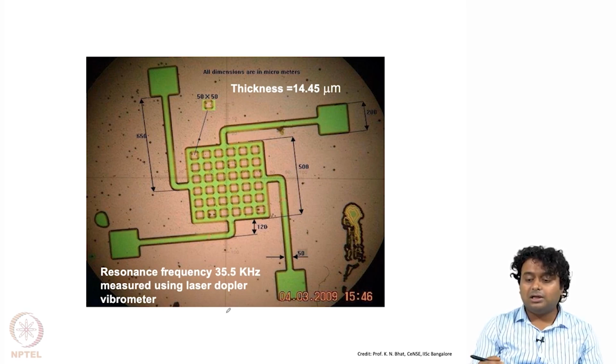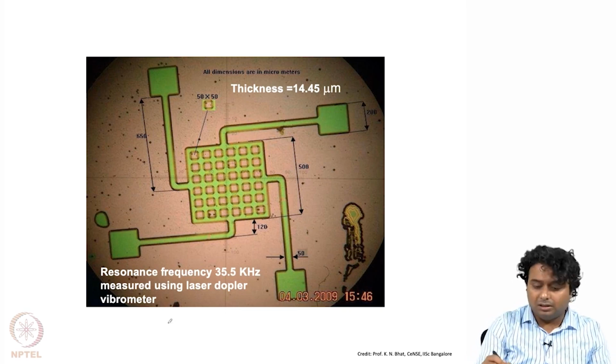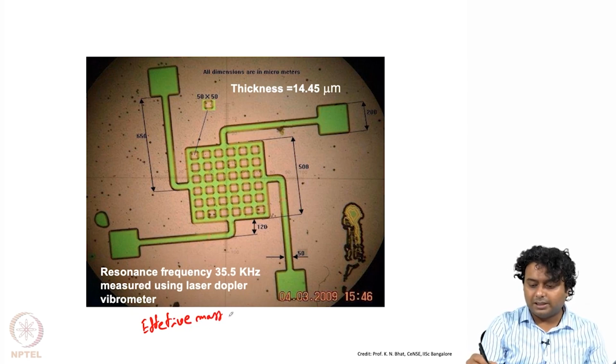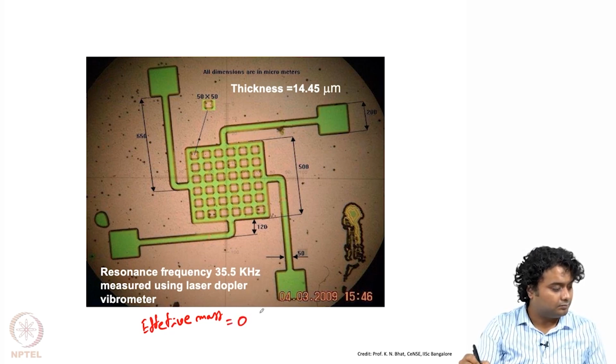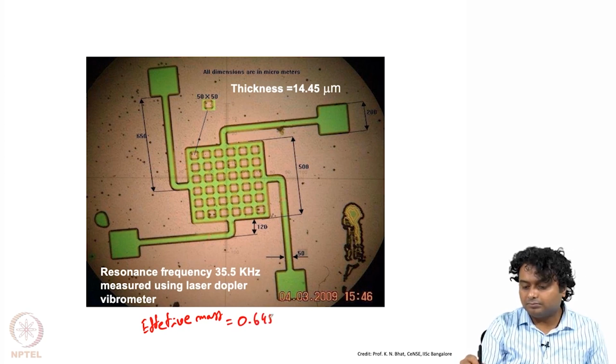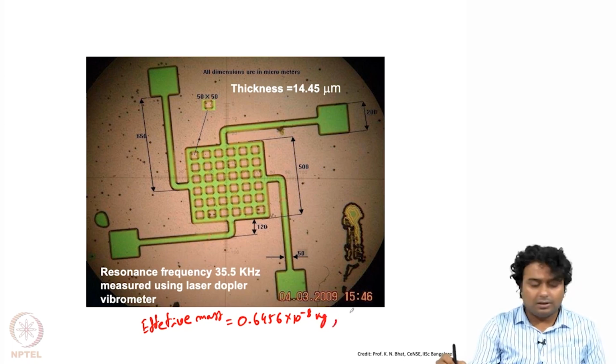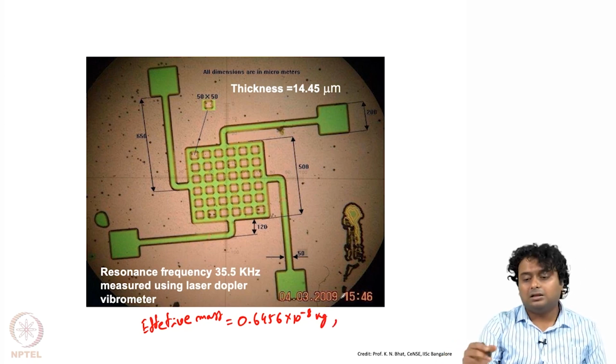Using that system we got 35.5 kilohertz, whereas we calculated the effective mass of this particular suspended structure as 0.10 to the minus 8 kg, and its stiffness, as we have seen in modules 1 and 2, we can calculate for a single beam and then for all the 4 beams.